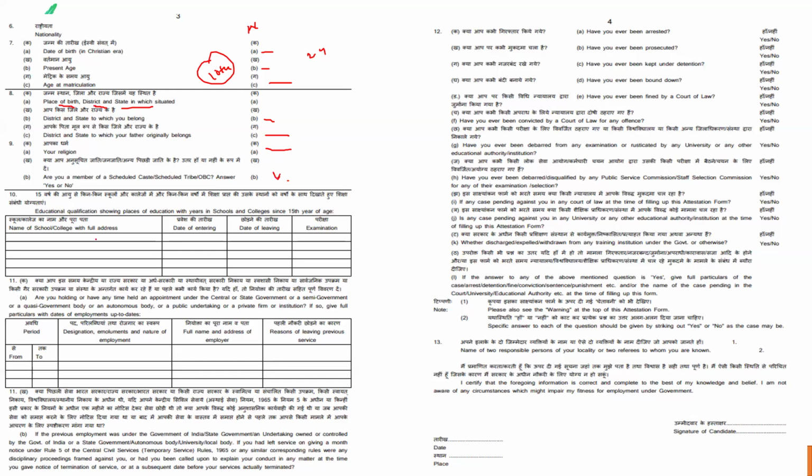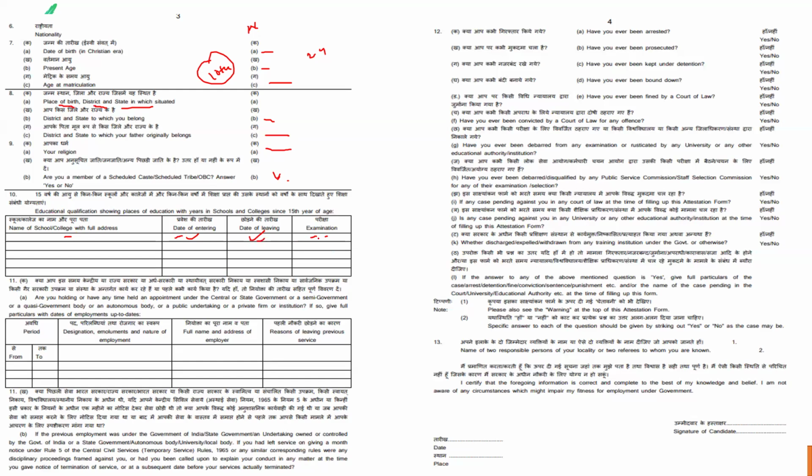If no, then no. Then educational qualification, you should write the school, college. Then when you entered and when you left the college, then the examination. If you do not remember the exact date, just write the month. Here, if you do not know the exact date, you should write the month, and here also month and year.